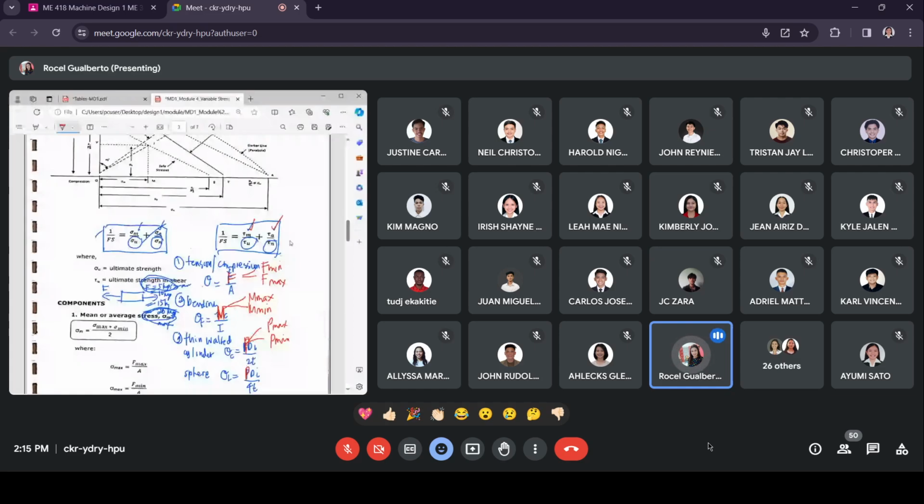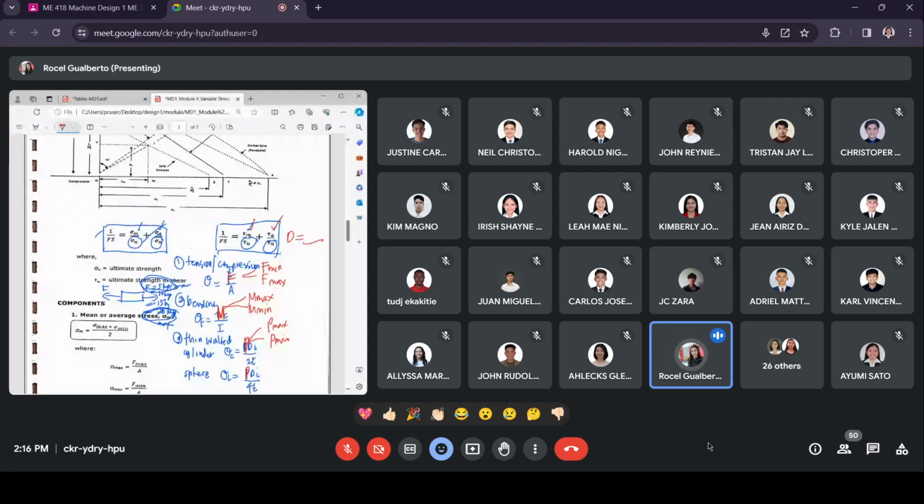Question, where in this equation of Soderberg and Goodman is your dimension? Nasaan po dyan yung dimension? At what particular parameter po on the equation? Nasaan po siya? Sigma M, sigma U, sigma Y, sigma A, sigma N, and so as yung sa tau.